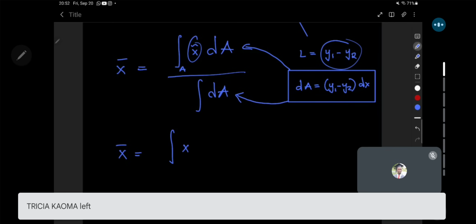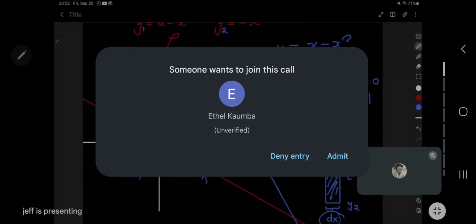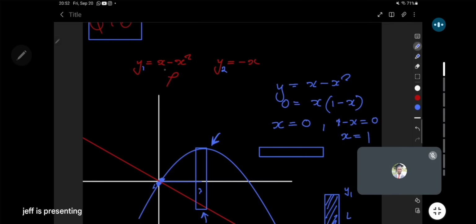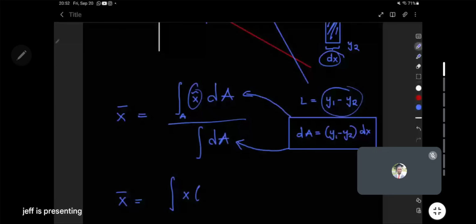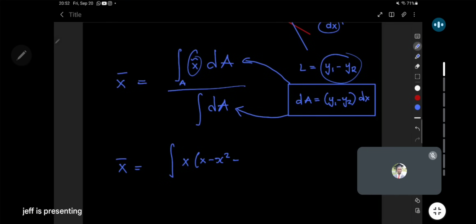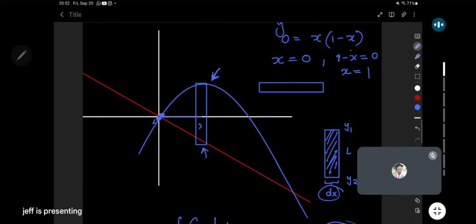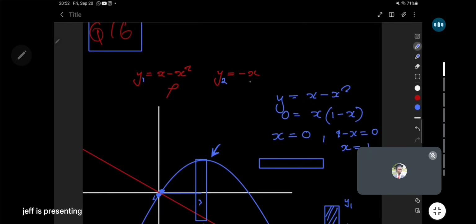But dA is going to be y1. What was our y1? The upper function. y1 was x minus x squared. Then minus y2, the lower function. The lower function we went with was minus x.